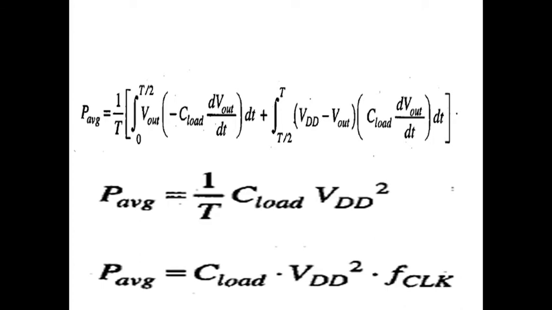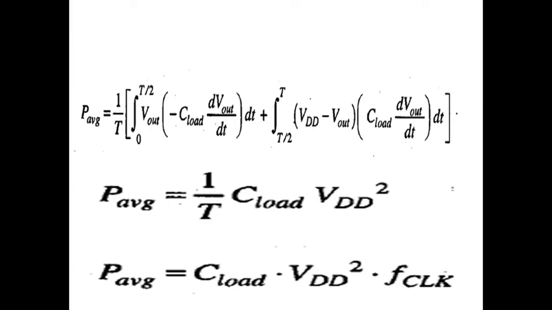When your NMOS transistor gets turned on, your capacitor will get discharged and the current is the discharging current, or you can say that current is coming out of the positive terminal of the capacitor, and that's why the negative sign is given for the minus C load dV out by dt term. So that corresponds to discharging of the capacitor through the NMOS transistor.